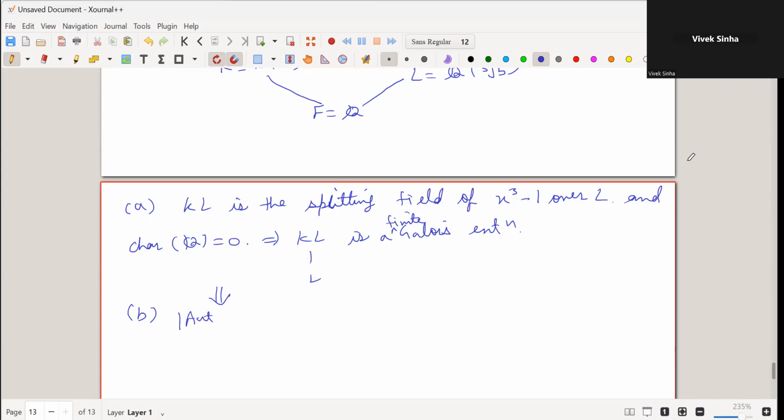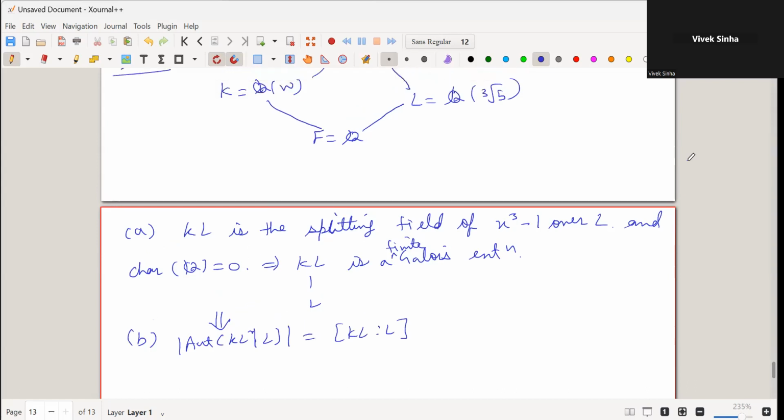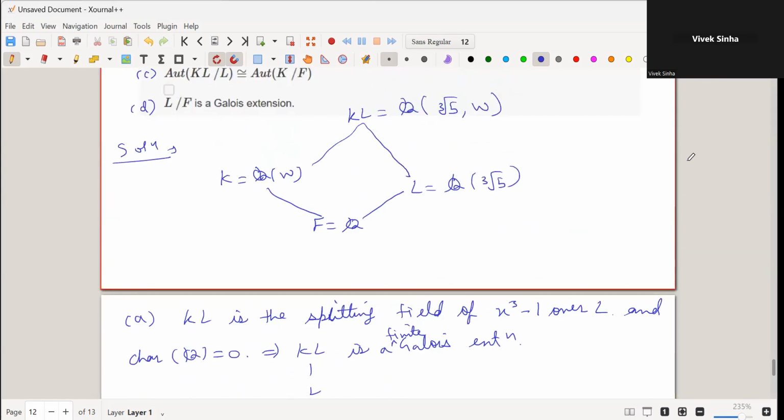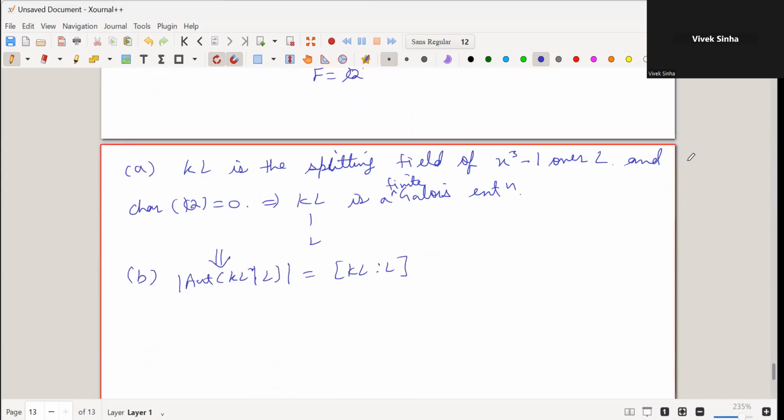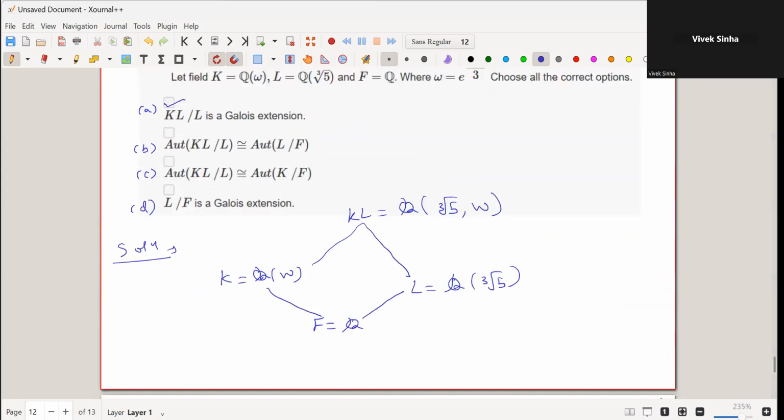The order of the automorphism group of KL over L is the same as the dimension of KL over L. And what is the dimension? It satisfies x square plus x plus 1 over L. So this is just 2. And what about L over F?